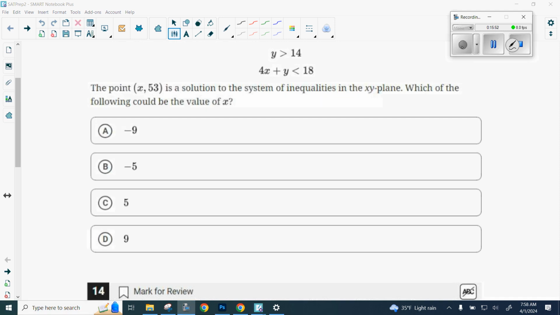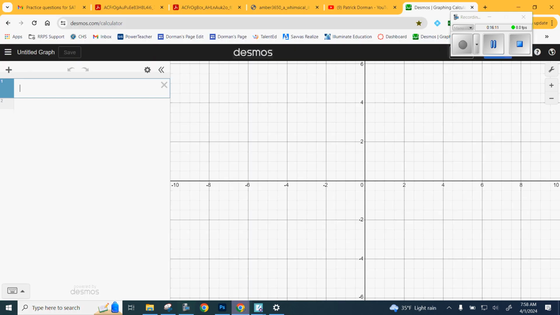All right. So now we're looking at a solution to a system of inequalities in the xy plane. So what I'm going to do is graph this. I'm going to use Desmos right now to graph it.